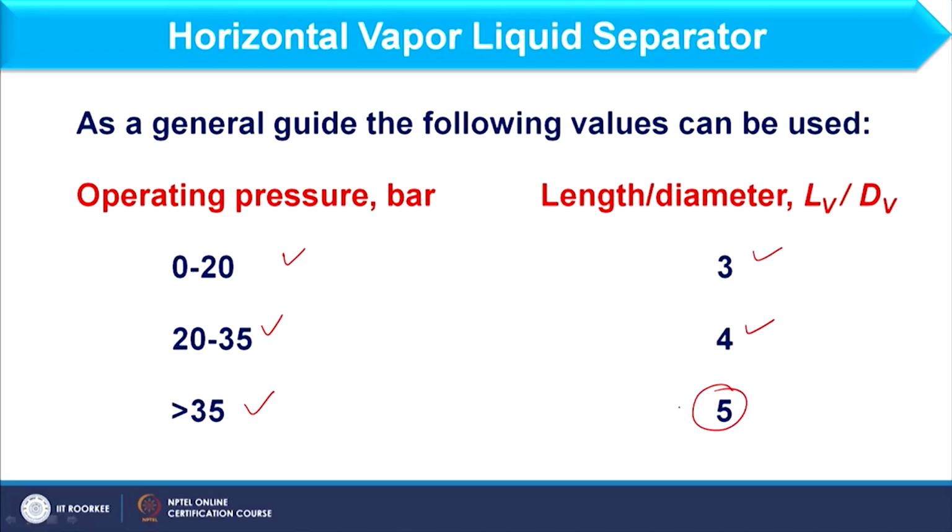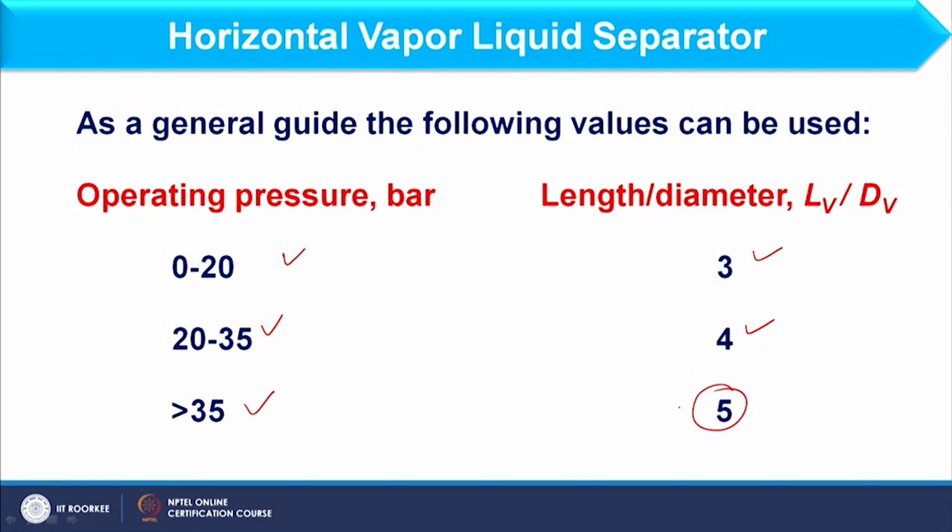In this way you can decide the length as well as the diameter of the horizontal vapor liquid separator. The vertical vapor liquid separator dimensions we have already discussed, and in this way you can design these separators.